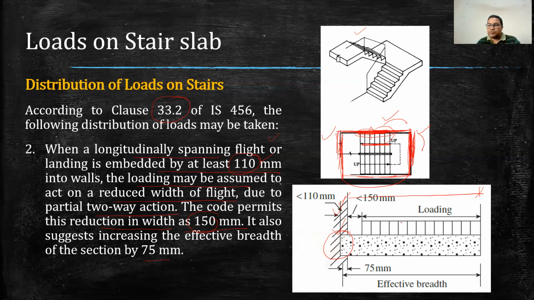So what we can do is reduce the loading length. Here, the length being reduced is about 150 mm. Similarly, the effective breadth of the step is also increased. These are the recommendations mentioned in the IS code. Although we will not be designing it and will not be considering this, I am mentioning it here because a short note may come in the exam.